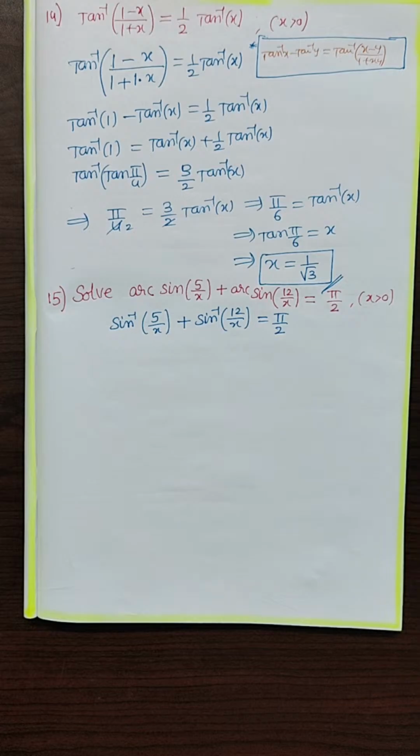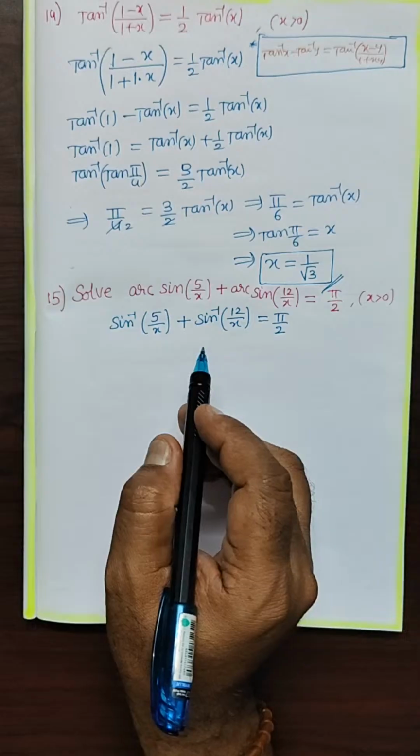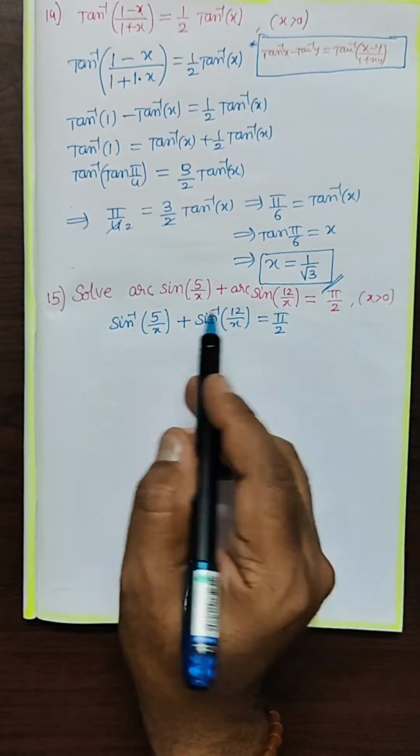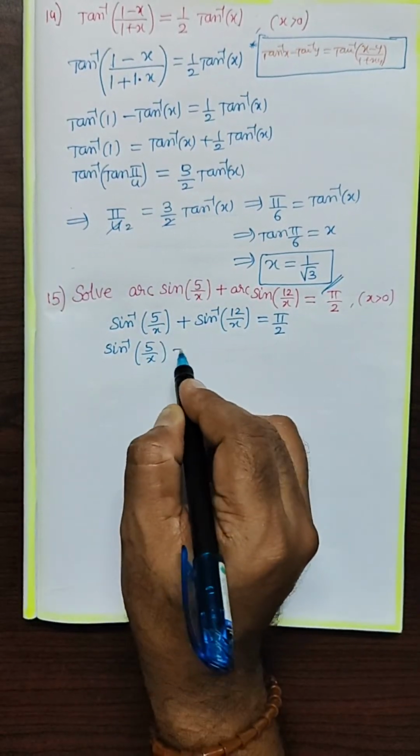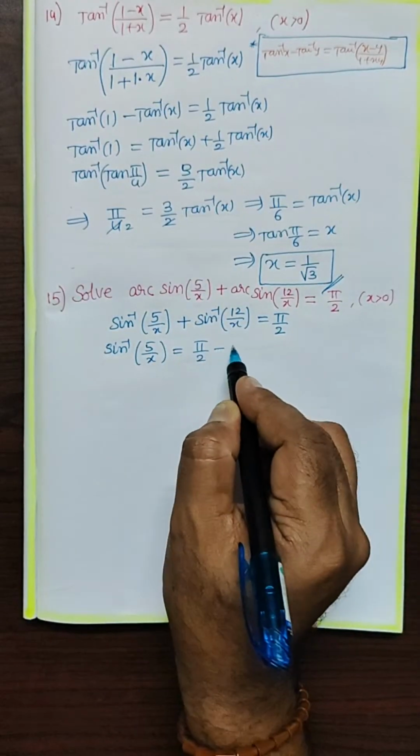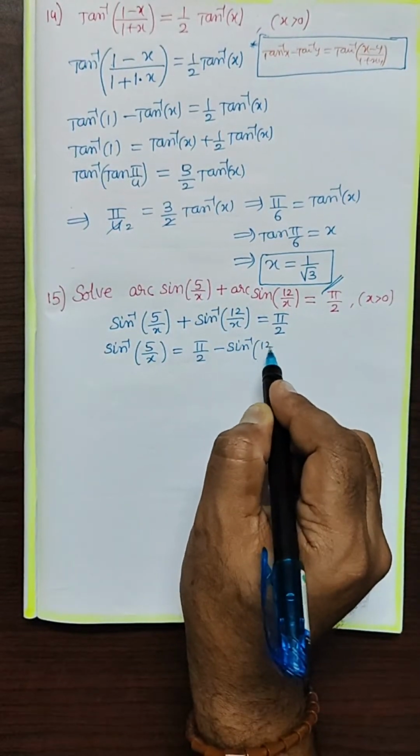Any idea, dear students? Write in the comment box if you have any idea. So first, what I am going to do is bring this 12 by x to that side: sine inverse of 5 by x is equal to pi by 2 minus sine inverse of 12 by x.